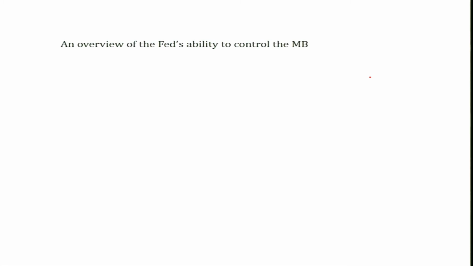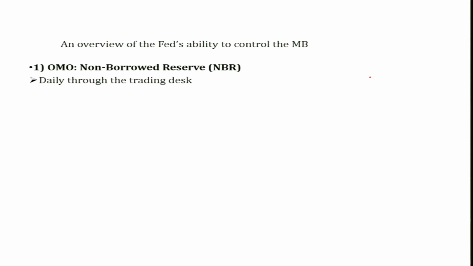Before going further, before we proceed with the Fed fund rate determination, before discussing this mechanism, let us see what the Fed's ability to control the monetary base in the economy is. We see that there are several tools. One tool is open market operations, and we have seen that open market operations also affect non-borrowed reserves.